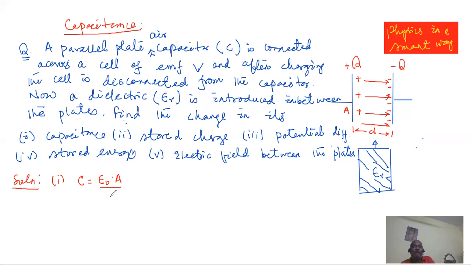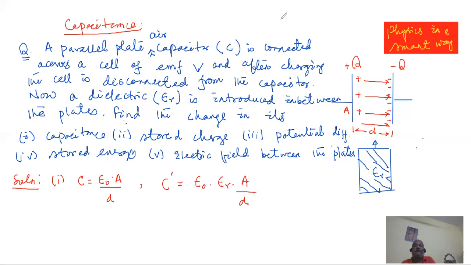And finally, the new capacitance after the dielectric is introduced, C dash, will be epsilon 0 into epsilon r into A by d.